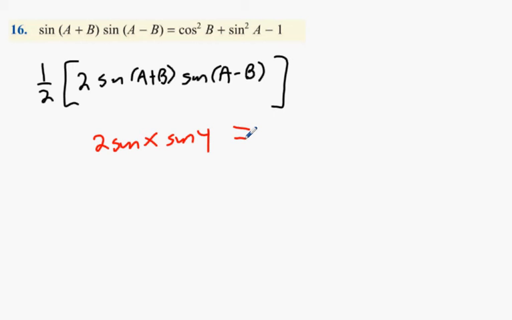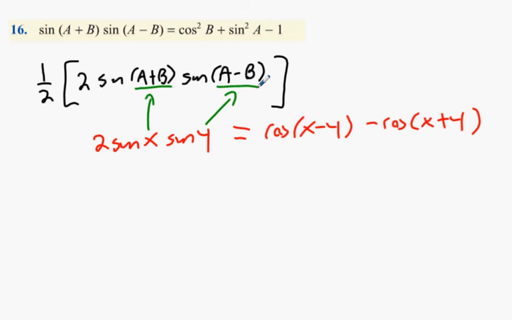It's a double sine. So it's cos of x minus y minus cos of x plus y. That makes sense? What's x? And what's y? Let's do this now.